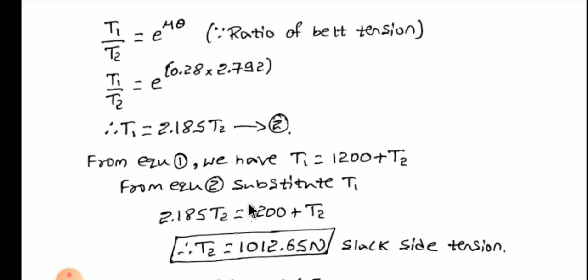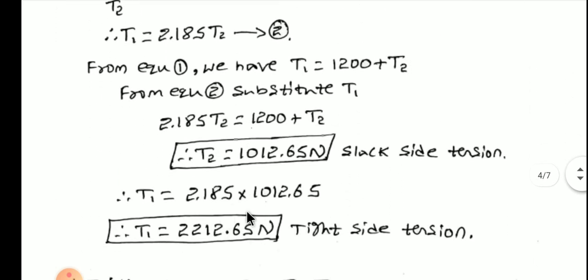Take this T2 to the left hand side, it will be minus. Take T2 common. After solving that you will get the value of T2. It will be 1012.65 Newton. T2 is nothing but the slack side tension. Once you get the slack side tension, substitute the T2 value in equation 2 or equation 1.